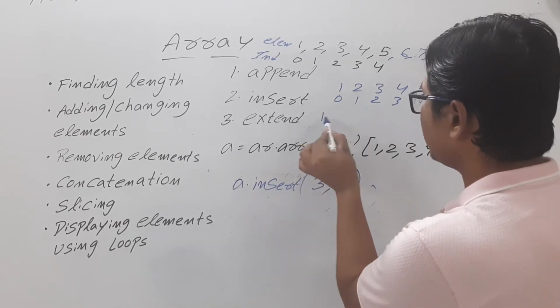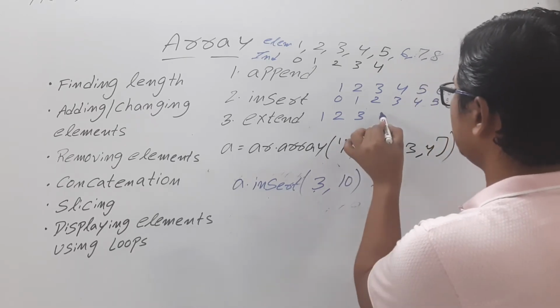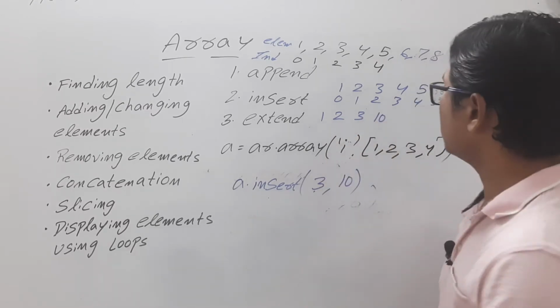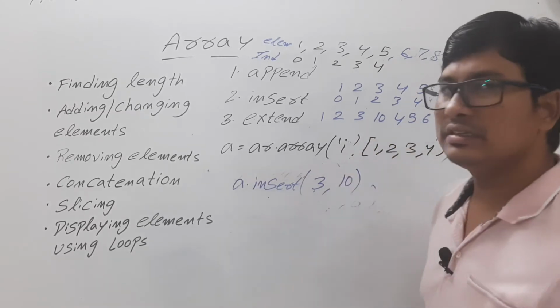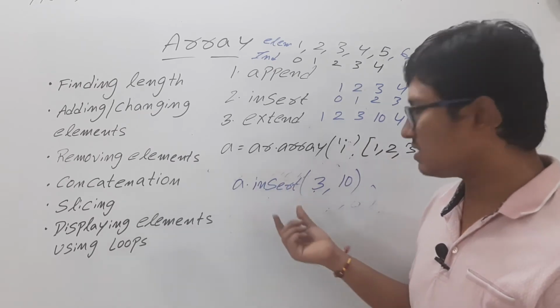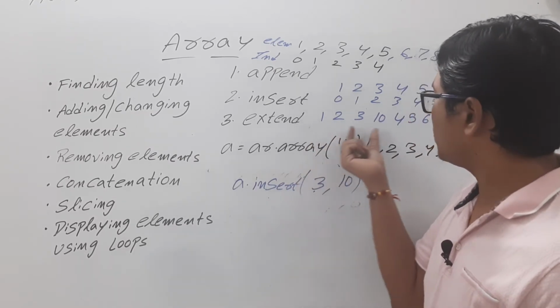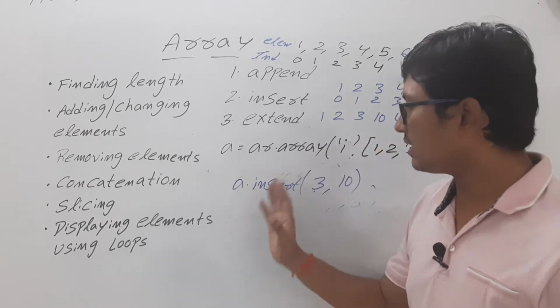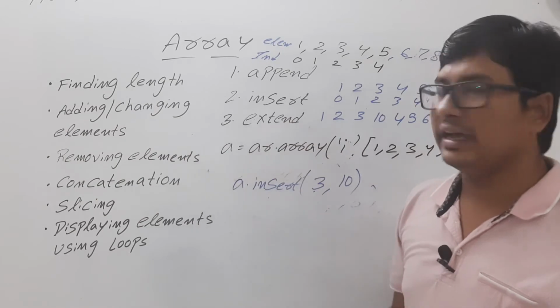So 1, 2, 3, at that index 3, 10 will come, we are inserting it. Then you will have 4, 5, 6, 7, 8. This is the way you can add one more element to the existing array by specifying the index. Is it clear? Are you able to understand? This is the way we can insert a new element or add an element to the array.